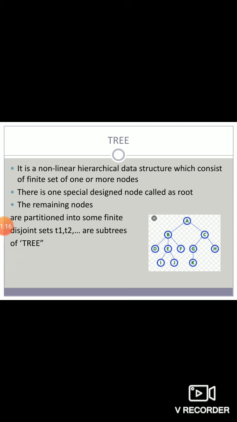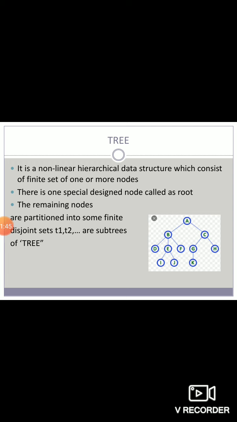So a tree is a non-linear hierarchical data structure which consists of a finite set of one or more nodes. Every element of the tree is called a node, same as in a linked list.